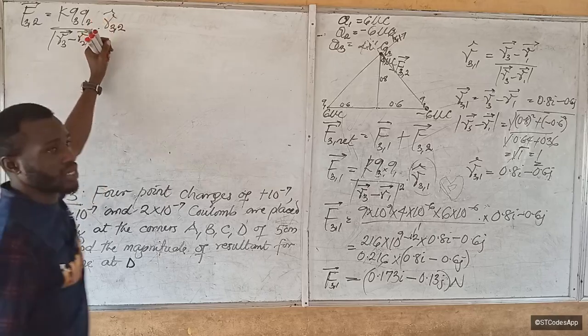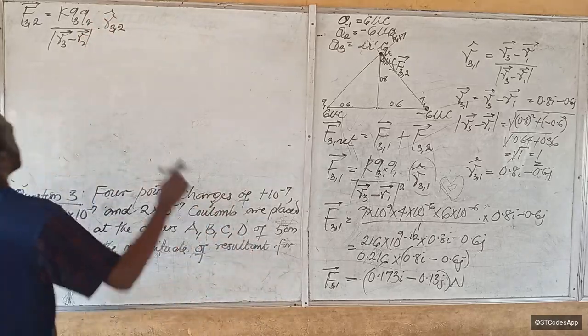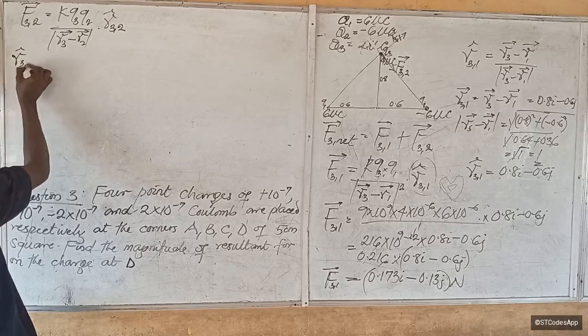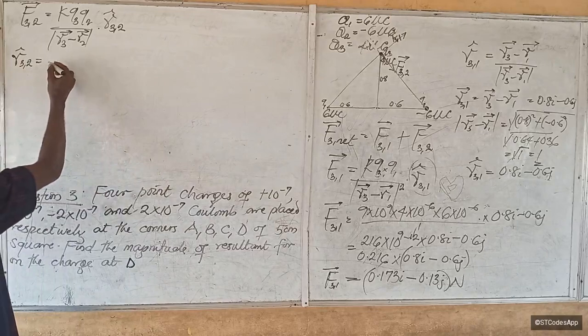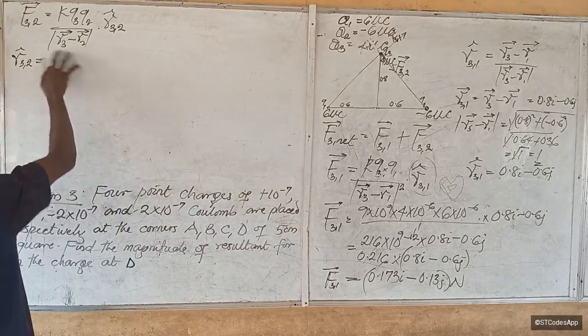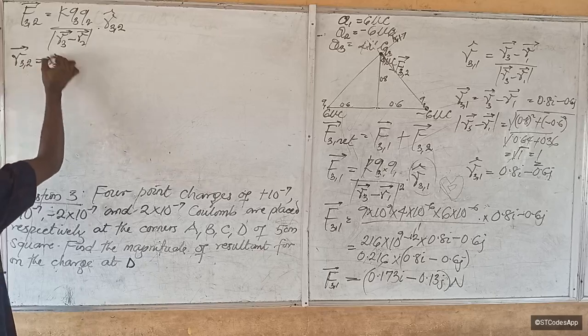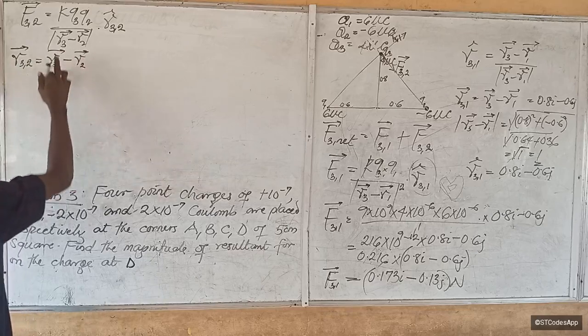Now there is something we can apply here. I'm going to show you something. Our unit vector r hat 3,2 will be equal to, first we have to find this, right? That will be the position vector R3 minus R2.